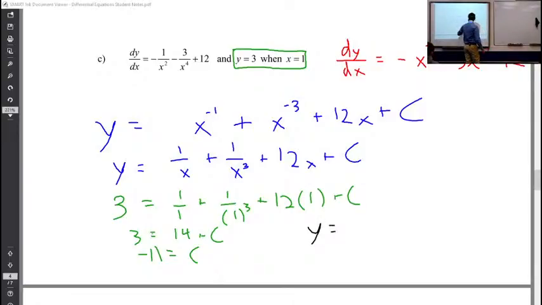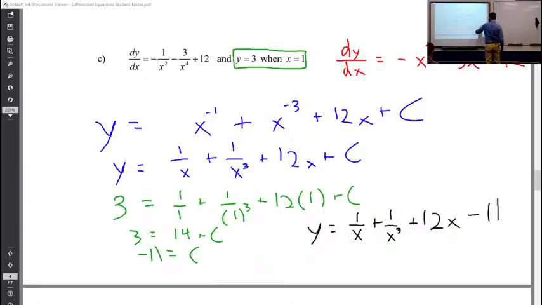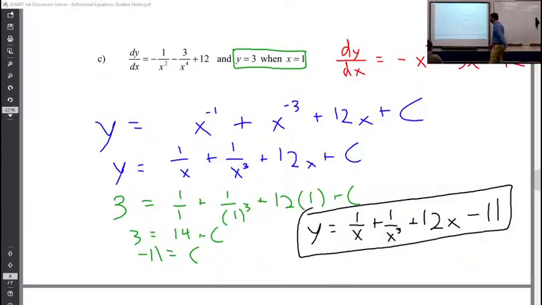So our final answer is going to be that same function, but now instead of the plus c, we know what c is. Instead of plus c, c is negative 11, so we're going to write minus 11. There's our final answer.